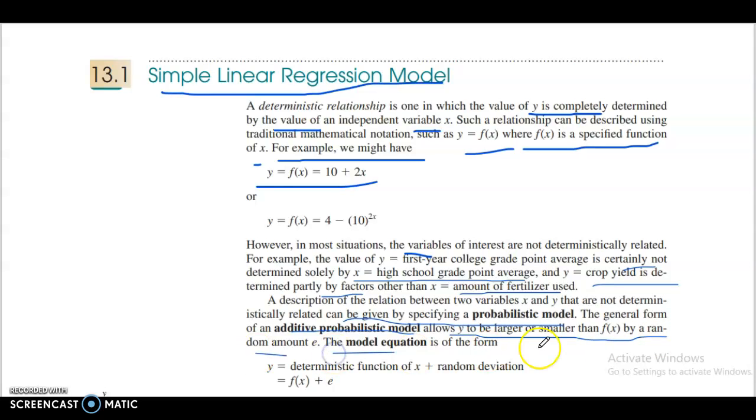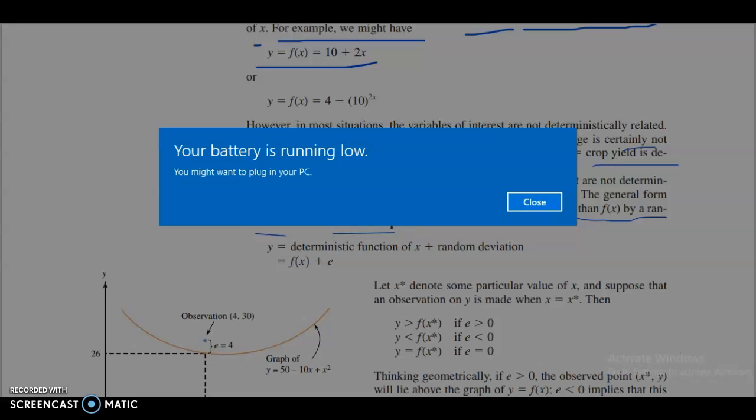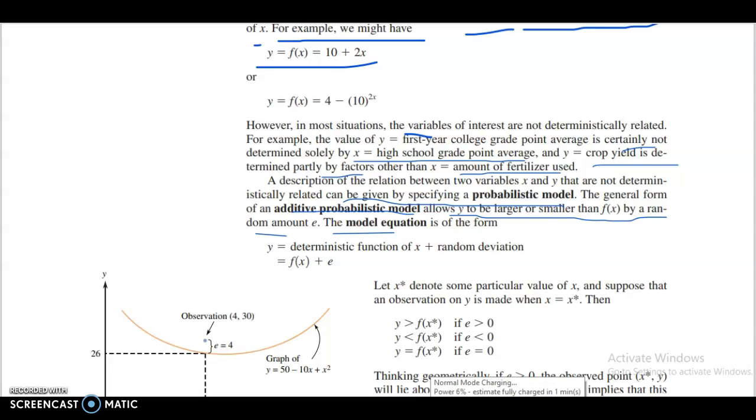The model equation is of the form y equals a deterministic function of x plus a random deviation, f of x plus e.